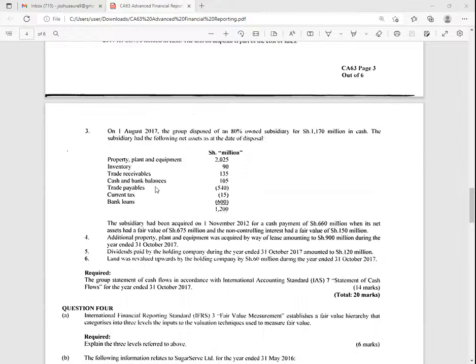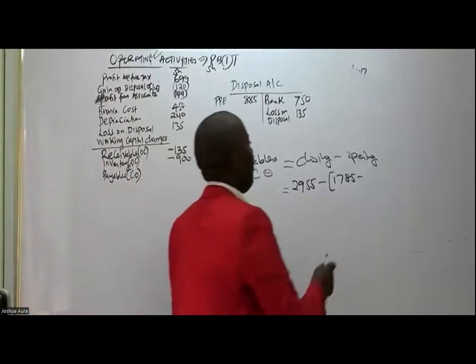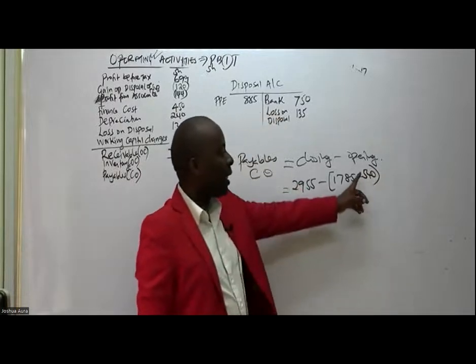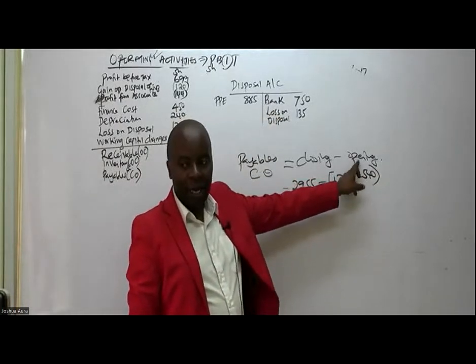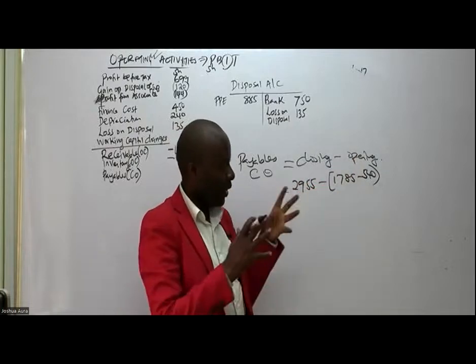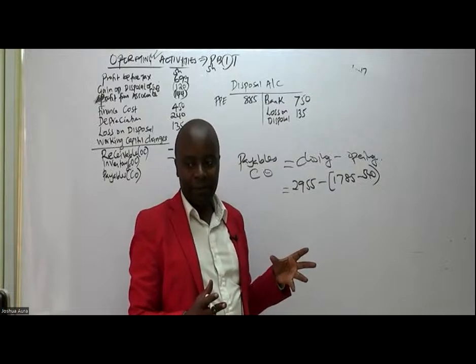Oh, yes, it had payables of 540. Don't take it as a negative. The payables left with the subsidiary. I shall always adjust them in the opening and put the opening in brackets.